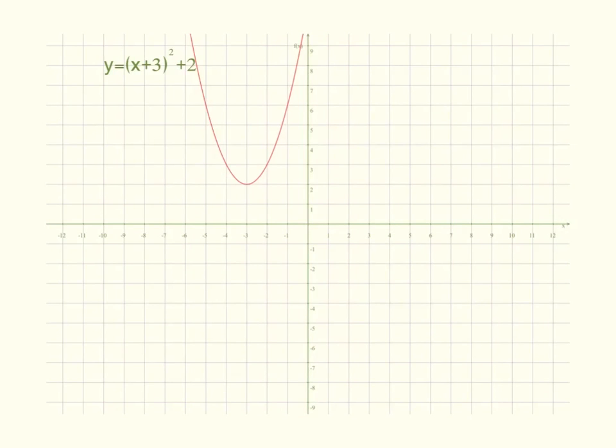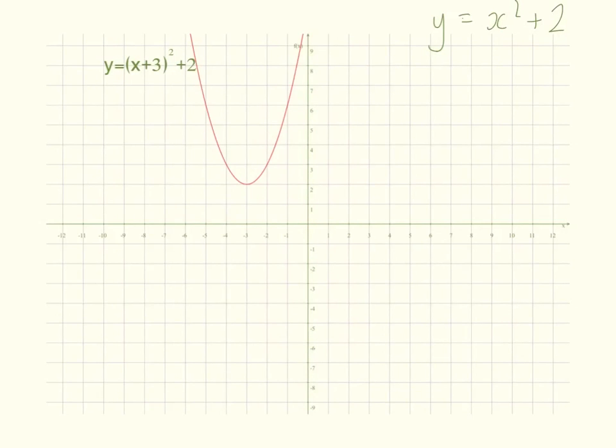Here we've got a slightly different graph. We've got y equals (x plus 3) all squared, then plus 2. Remember, if we think back to the previous video, where we had, say, y equals x squared plus 2, that would shift our parabola up 2 places. Let's have a look at what's happened to this graph. Our usual parabola, y equals x squared, is symmetrical around this axis here, and its turning point is (0, 0).